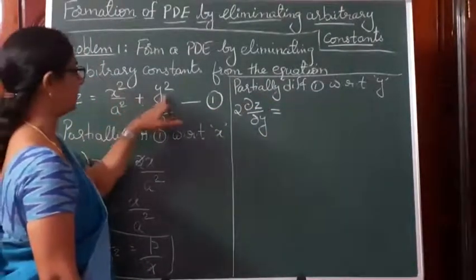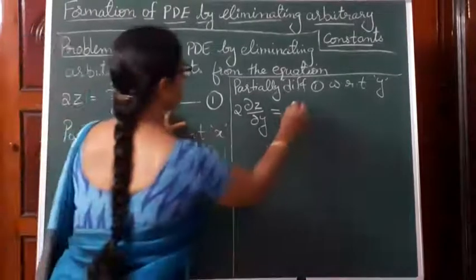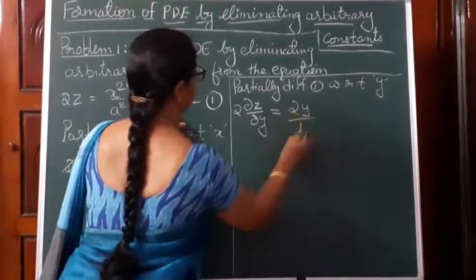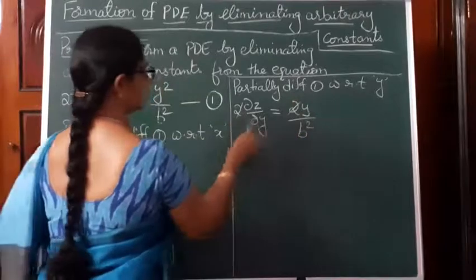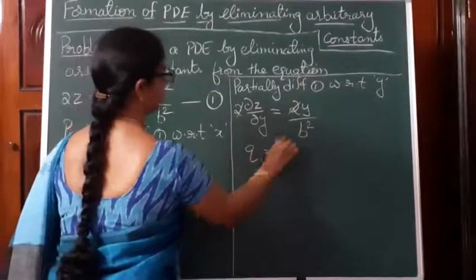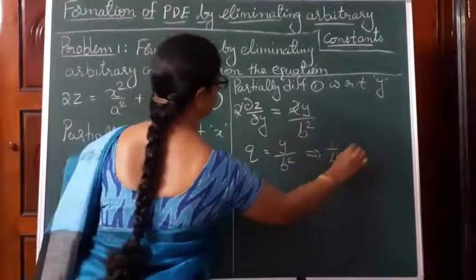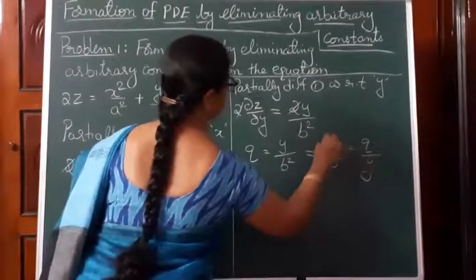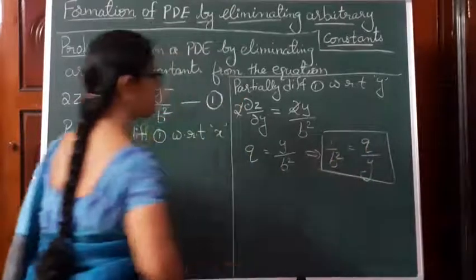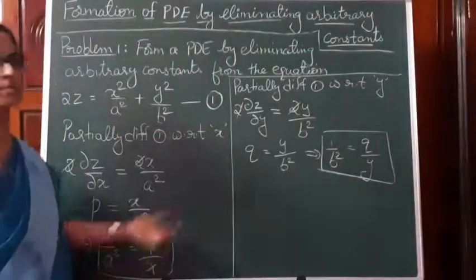So 0 plus the derivative of y square is 2y by b square. 2 gets cancelled. Dou z by dou y is q, which is equal to y by b square. From this, 1 by b square is equal to q by y. So we obtain the values of 1 by a square and 1 by b square.